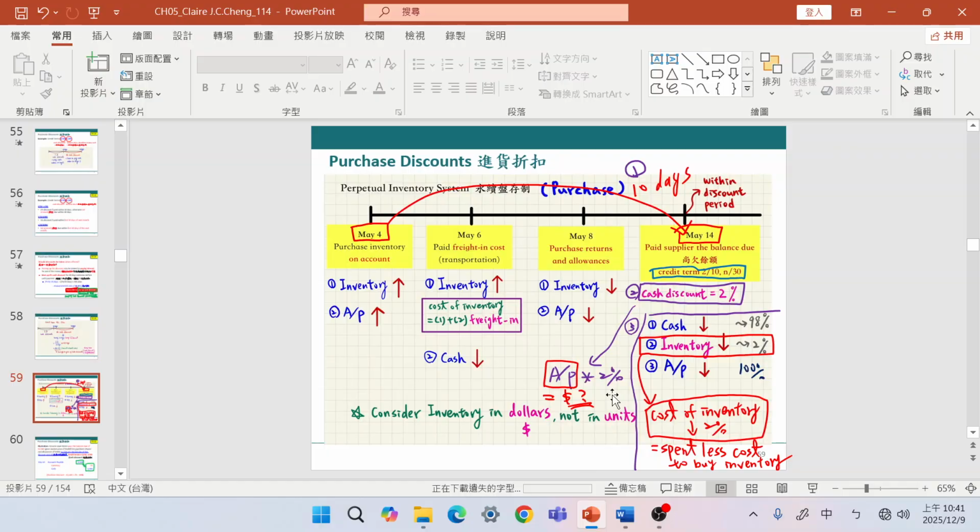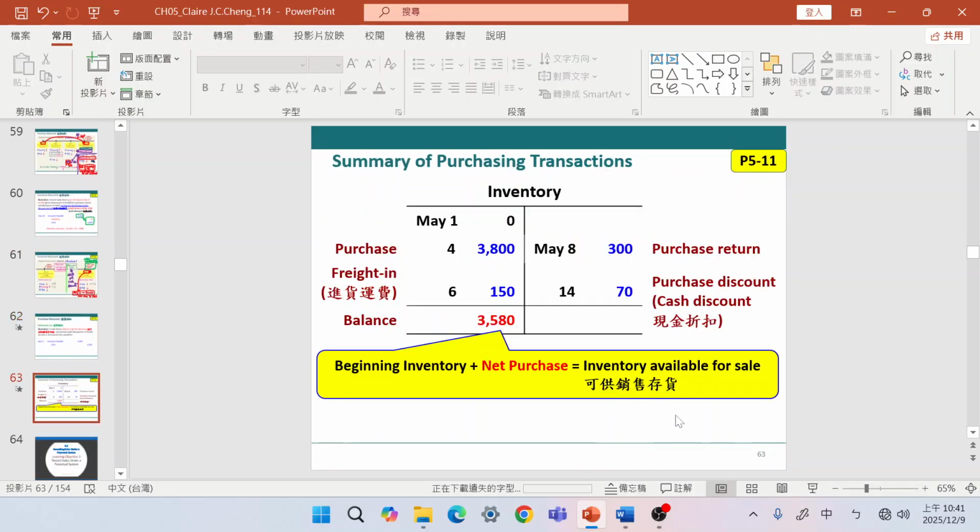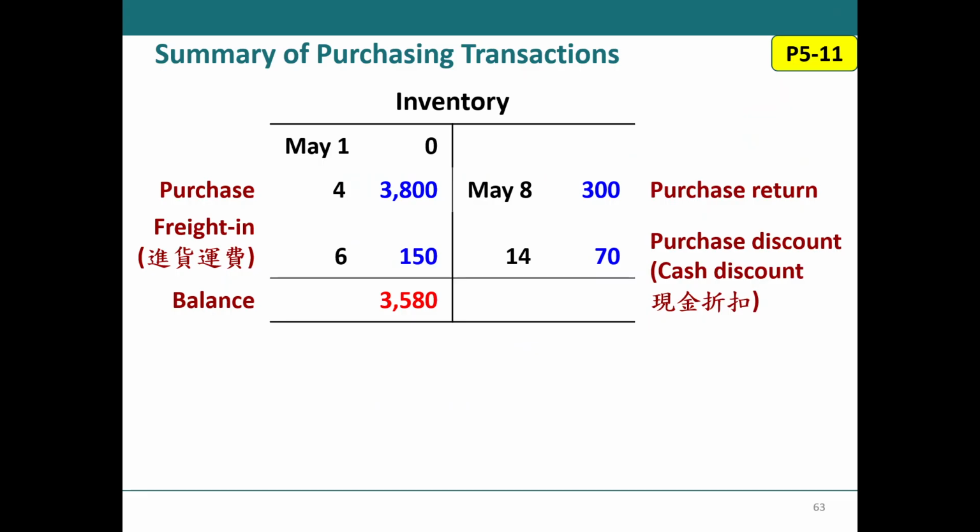So it's on your slide here, slide 63, you got $3,580. You have to understand what it means. So we have beginning inventory, 期初存货.